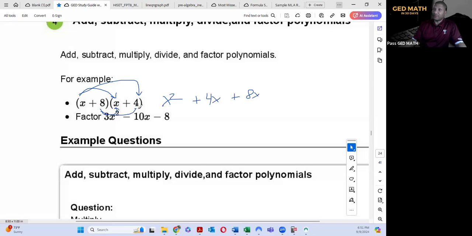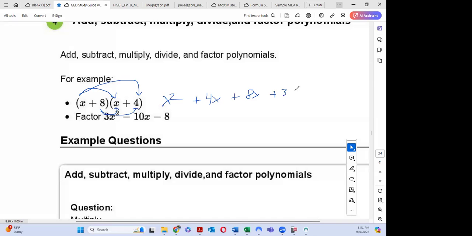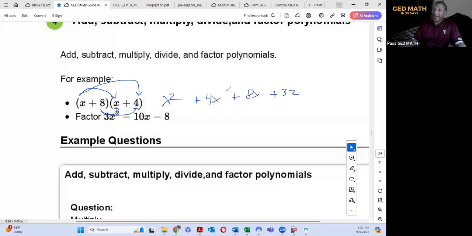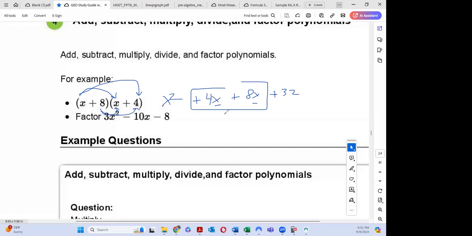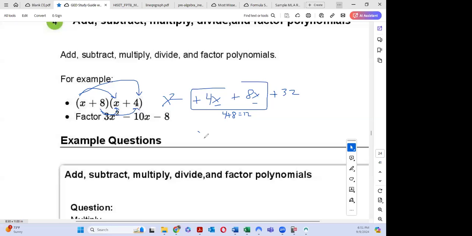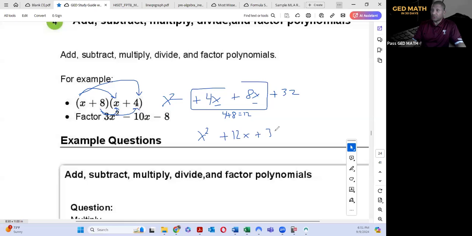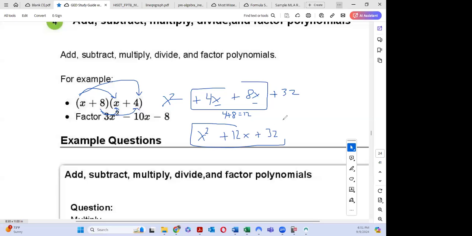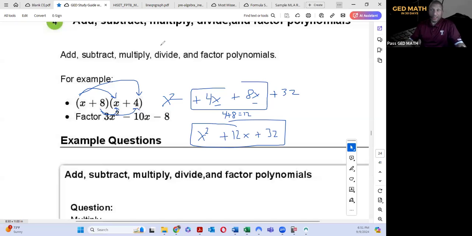And then 8 times 4 is a positive 32. Remember I told you about combining like terms? They both have the variable x. So I combine that 4 and the 8. So 4 plus 8 is 12. So I got x squared plus 12x plus 32, right? So that's one example you should be able to do.